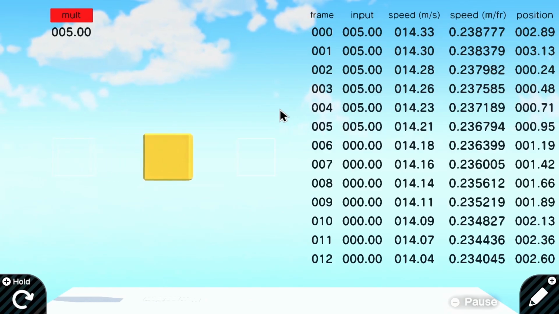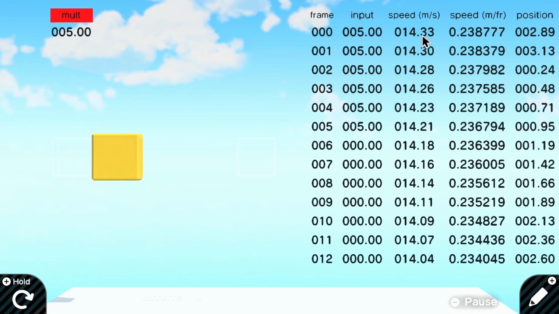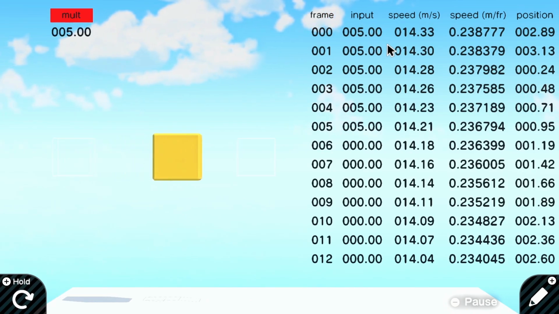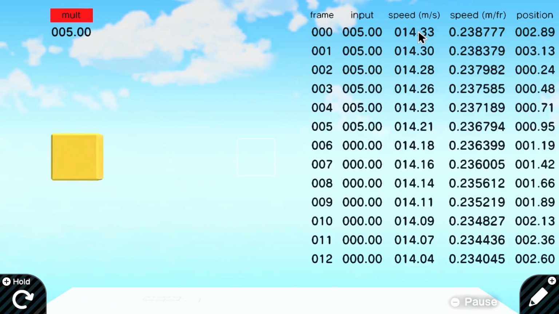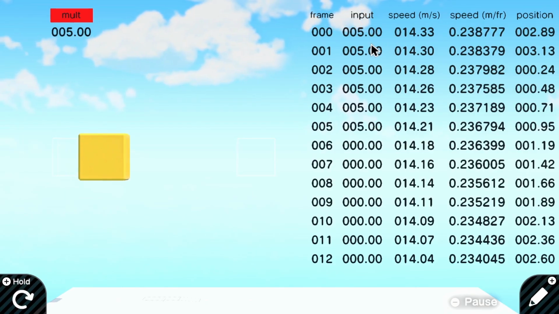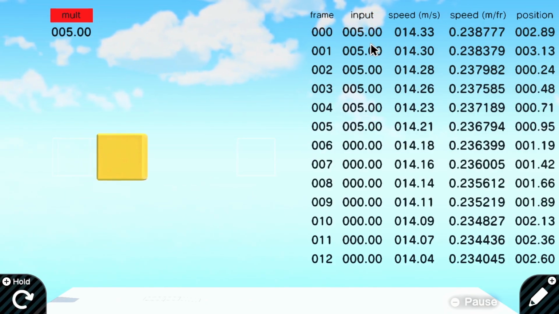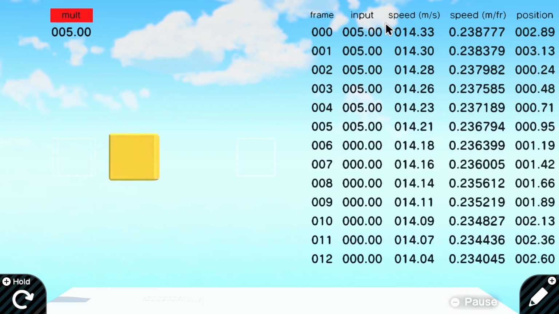So what's happening here is, its speed is 14.33, so it's positive, input is positive. So it tries to accelerate the object to 19. But notice, 19 is greater than 5, so we're not going to accelerate it. It's already reached the speed that we want.